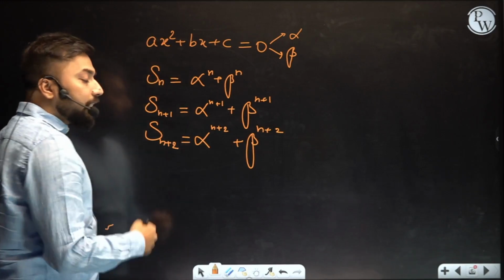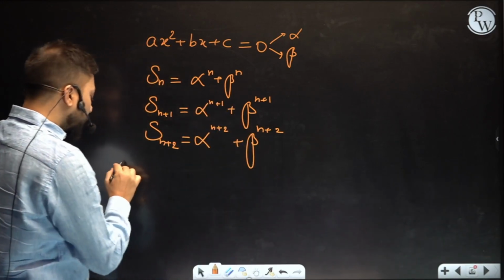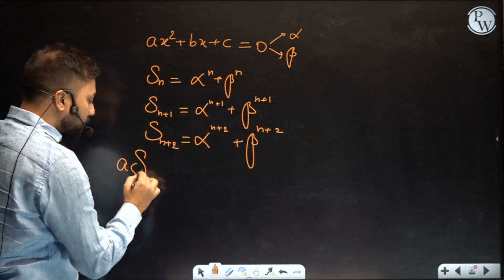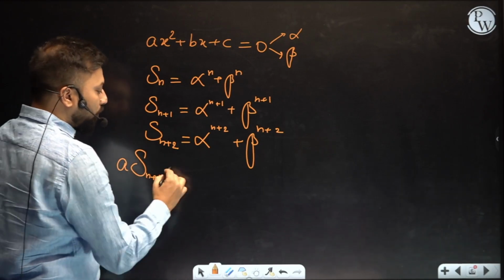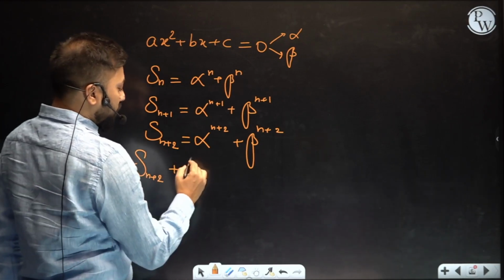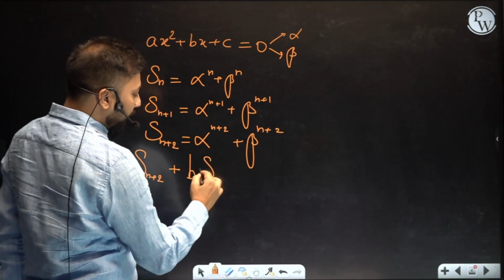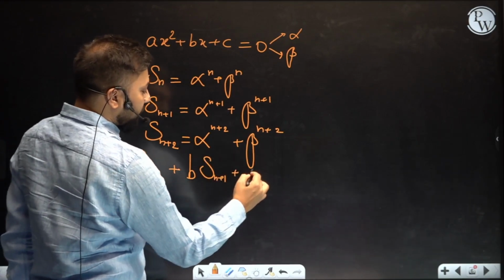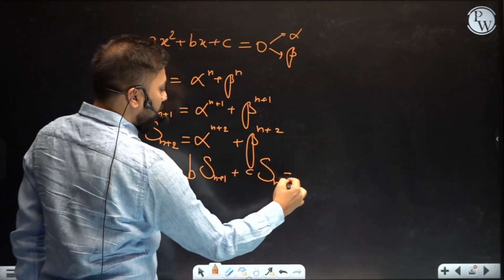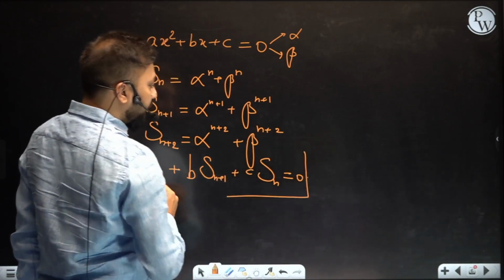The identity says that a times S(n+2) plus b times S(n+1) plus c times Sn is equal to 0. This is the identity.